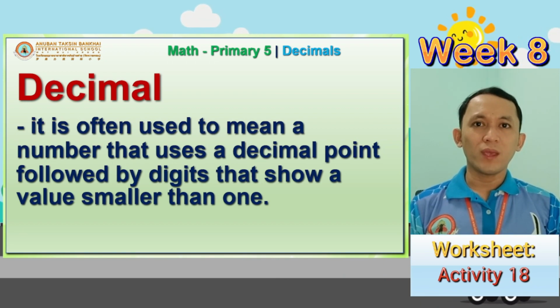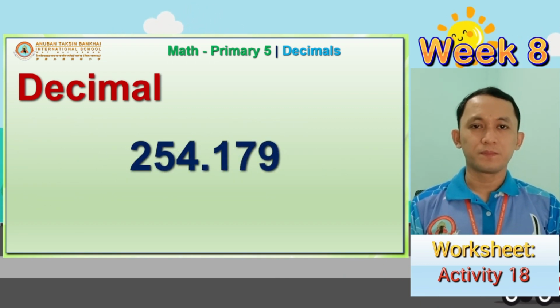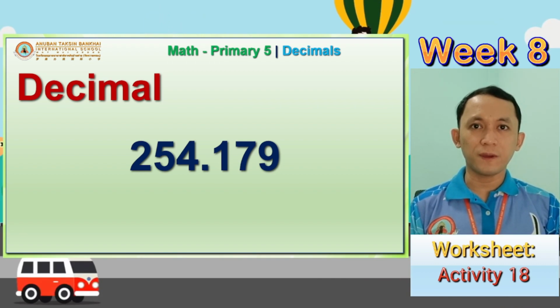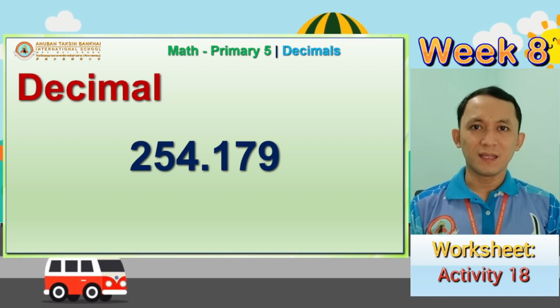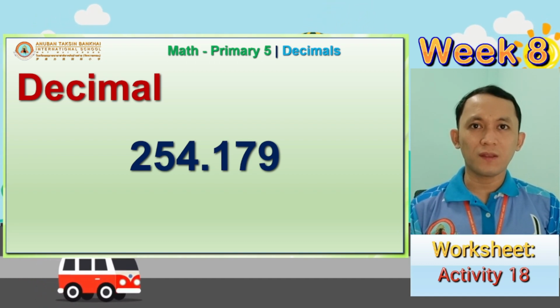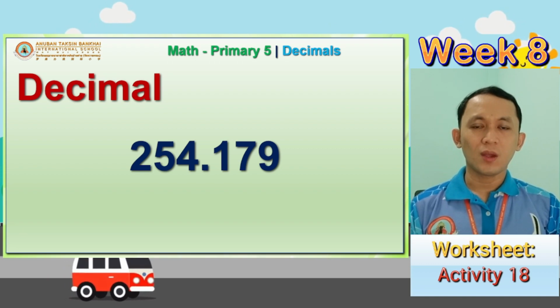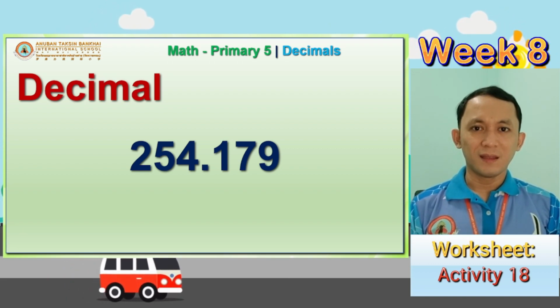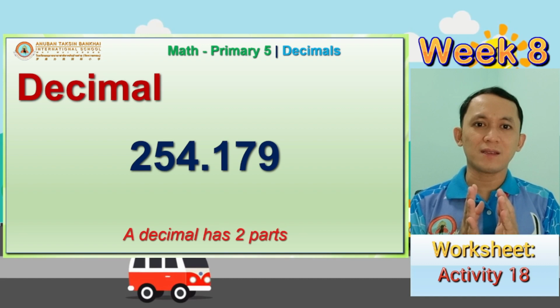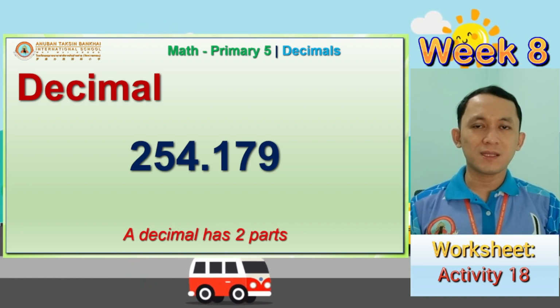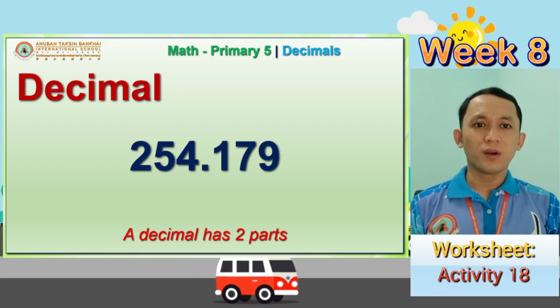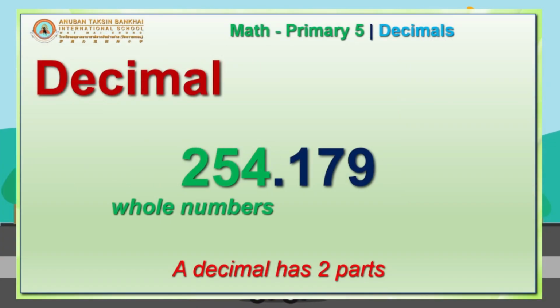Okay, now we have here an example: 254.179. Now, a decimal has two parts. The left side, these are the whole numbers. So 254, those are whole numbers.